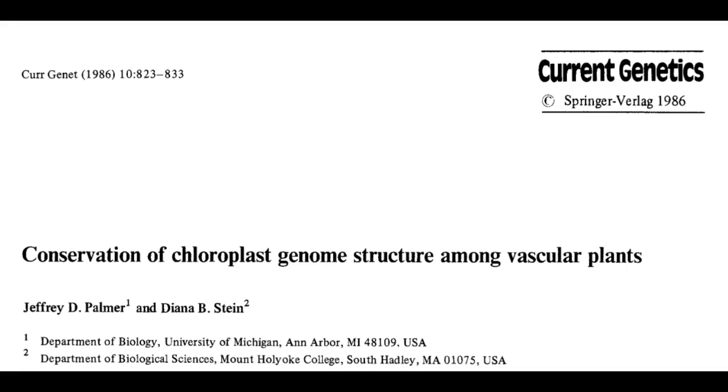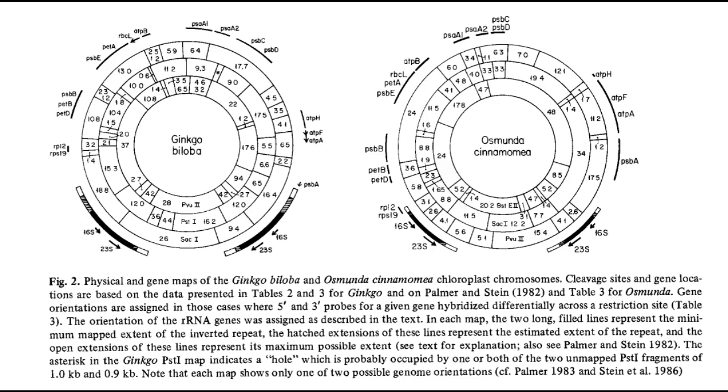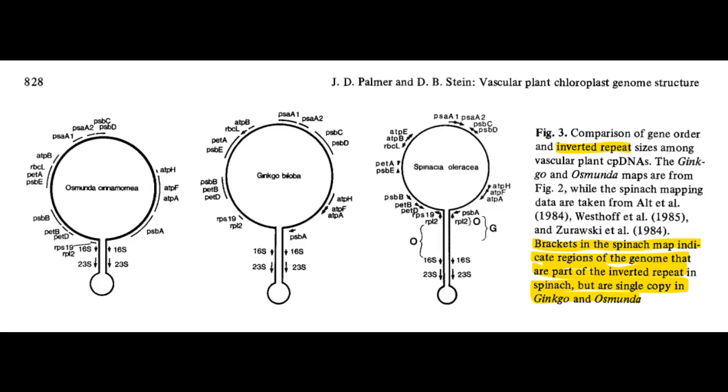PGR-TK plots. Here is the structure of a typical angiosperm chloroplast. You will see that there are 4 blocks. There are these 2 inverted repeats. Inverted means they are in opposite strands, and in between these inverted repeats there is a small single copy region, and on the other side of the inverted repeat is a long single copy region.